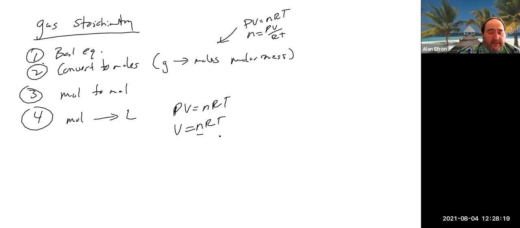So again, really the same basic stoichiometry problems. The difference is the incorporation of the ideal gas law somewhere along the way, either at the beginning or the end, or I guess both places. Any questions on that?